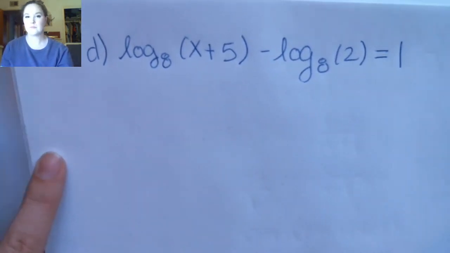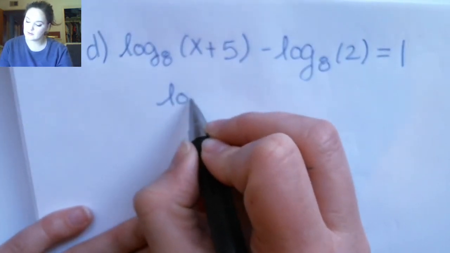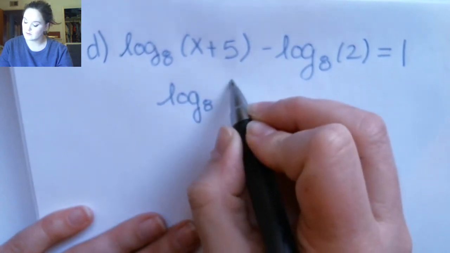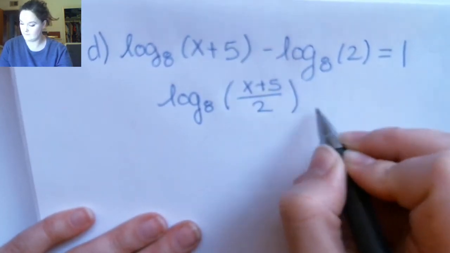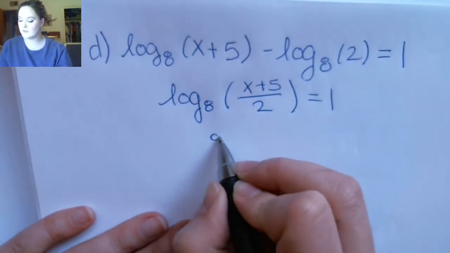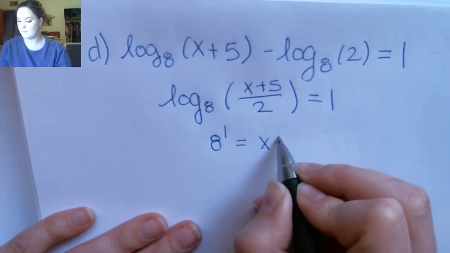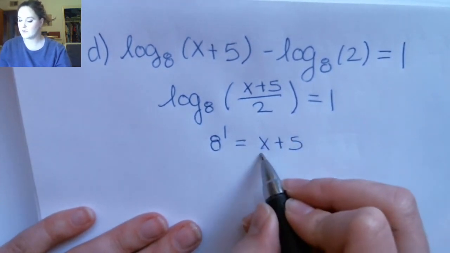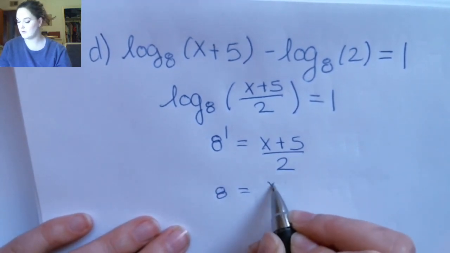Okay, so we're going to combine these using the log properties. Then we're going to change to exponential form. All right, 8 to the 1 power is 8.